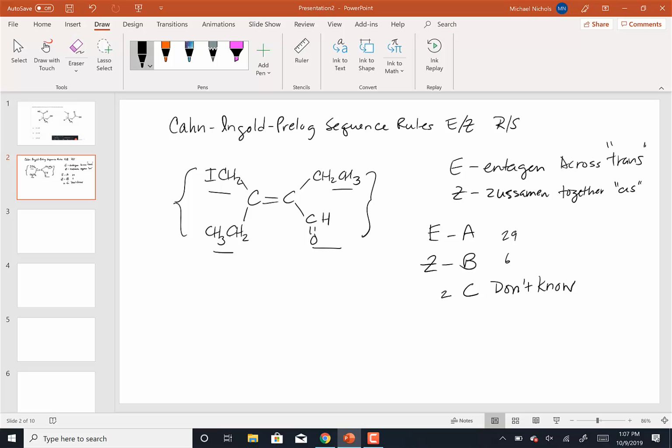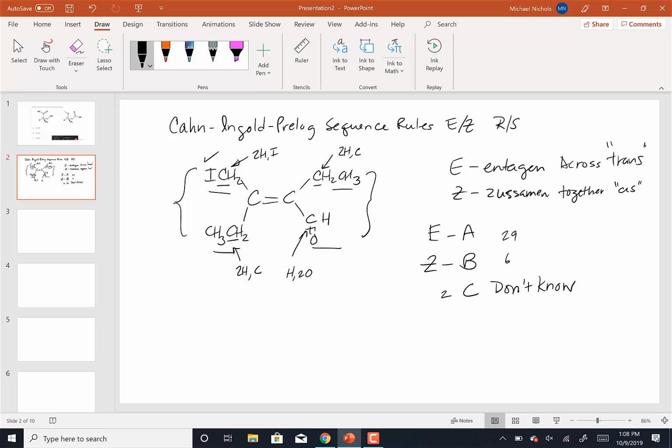So CH2I, CH2CH3, which one has the higher priority? CH2 with the I. Carbon versus carbon, tie. What's attached to that carbon? 2 H's and an I. What's attached to this carbon? 2 H's and a C. The atom with the highest priority in the collection, I, wins. Over here, carbon versus carbon. What's attached to this carbon? 2 H's and a C. What's attached to this carbon?